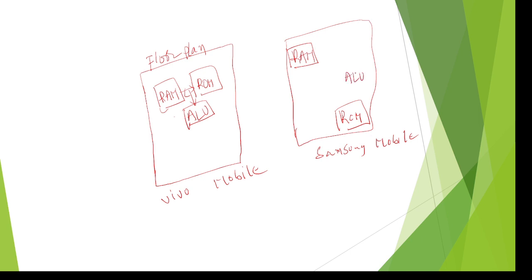ALU is here. If you want to move the data from here to here, it requires more time and it may generate more heat. Here it requires more power consumption and the timing also requires more to travel the data. But in Vivo, the size is reduced as well as the power consumption is reduced.